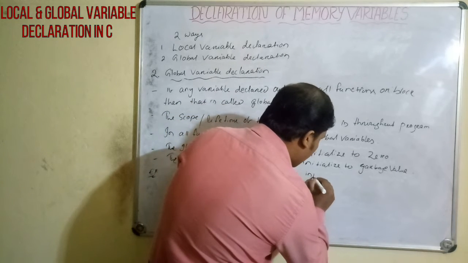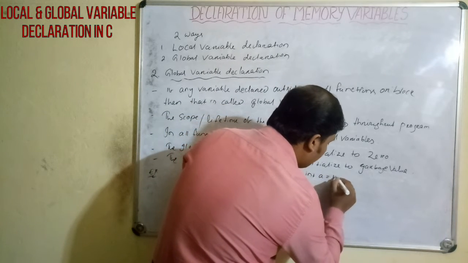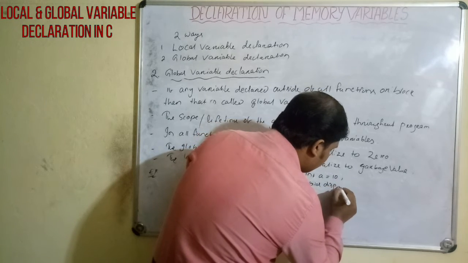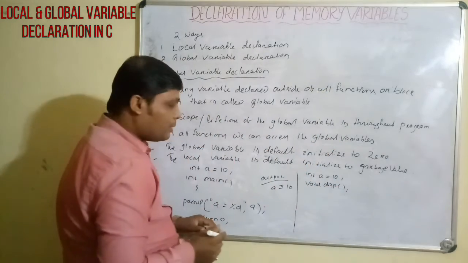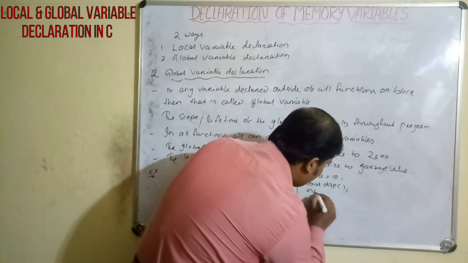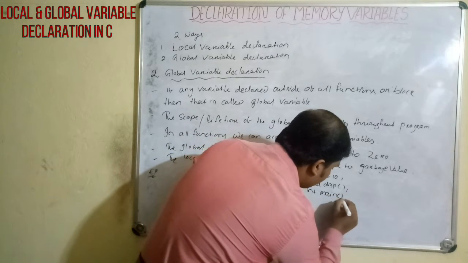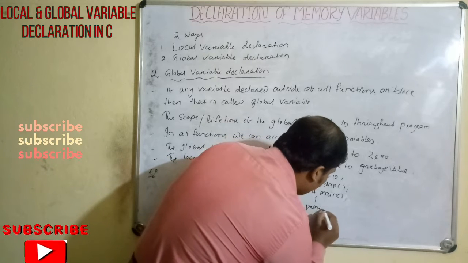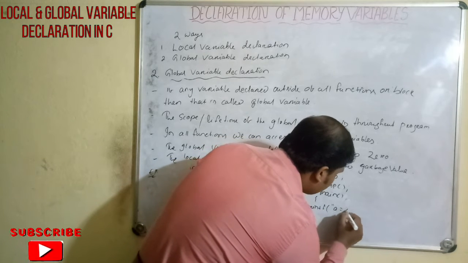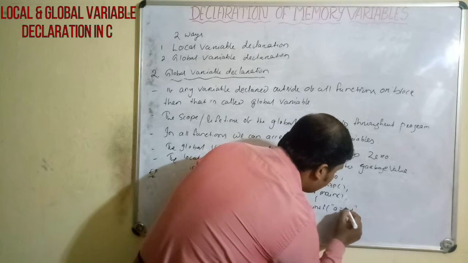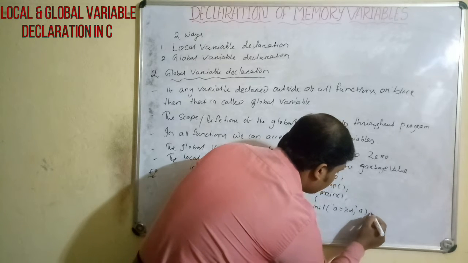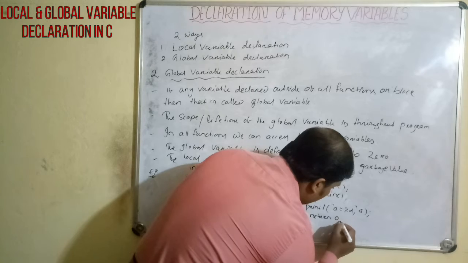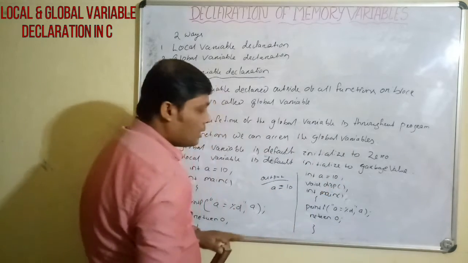Suppose I am taking another example. Suppose here I have declared integer a equal to 10 and this is void display function I am taking, then integer main. Clear? Then inside main I am printing the value of a equal to percentile d, then comma a, and this is return 0, and this is the end of main.